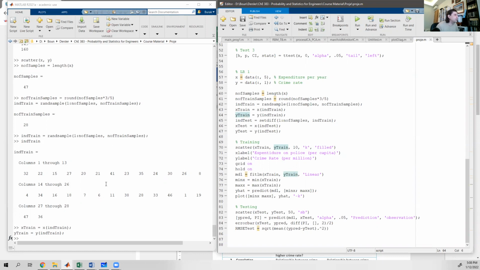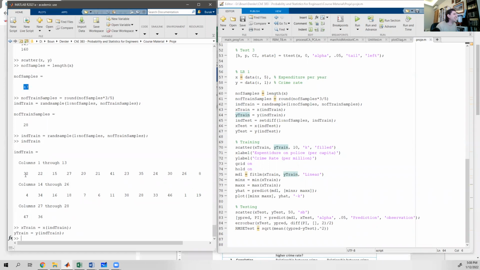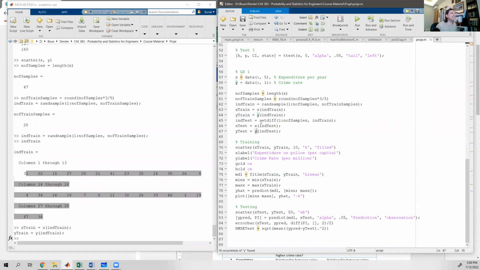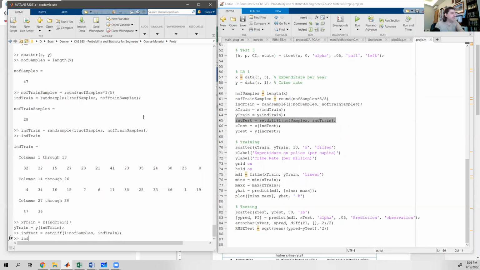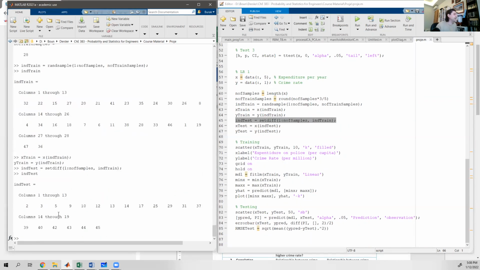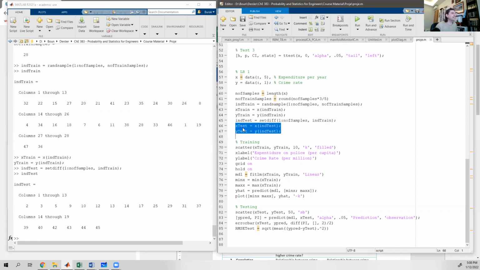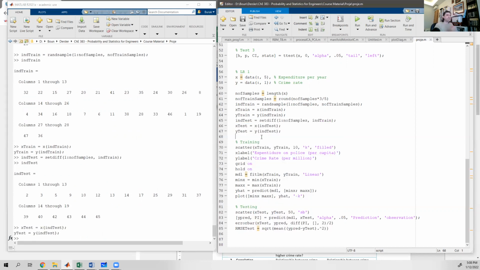So what I need to do is find the difference of the set which goes from 1 to 47 and this set. This is the setdiff command in Matlab, and again type help and see how it works. So the indices of test data would be these points. So X test and Y test would be those.